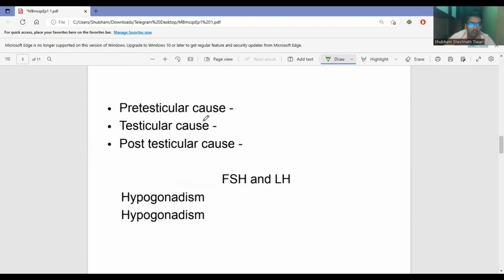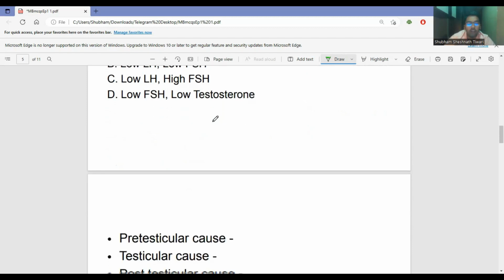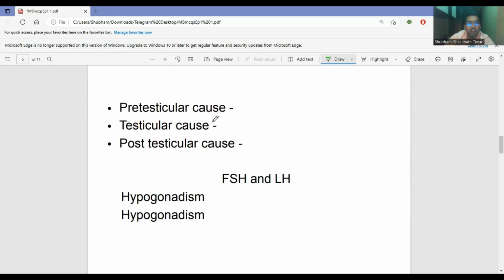So this question is mainly talking about male infertility. For discussion of female infertility, I would come up with a new video. We'll discuss this next time. So here, as we all know, in male infertility, there are three causes: pre-testicular, testicular, and post-testicular. If it's a pre-testicular cause, both FSH and LH decrease.